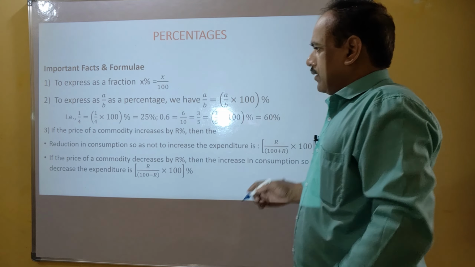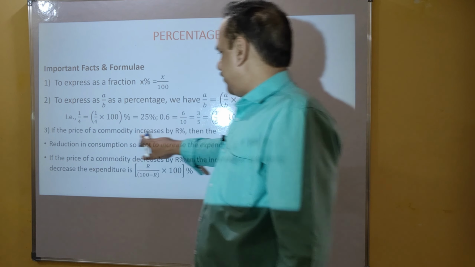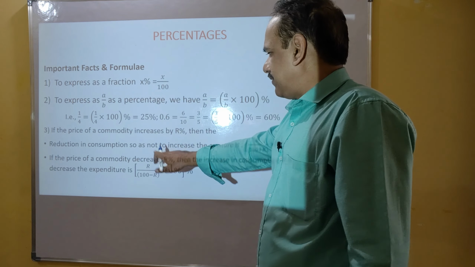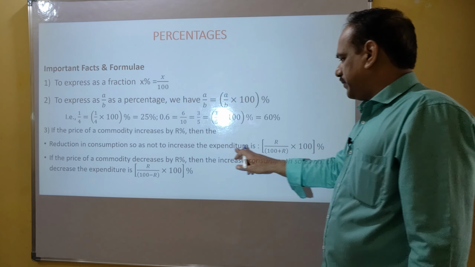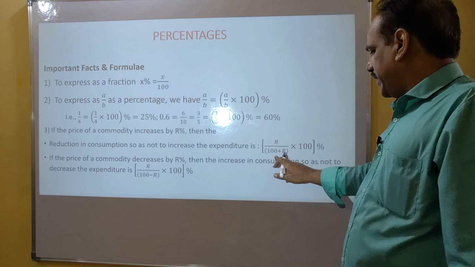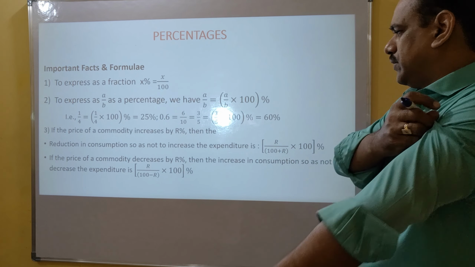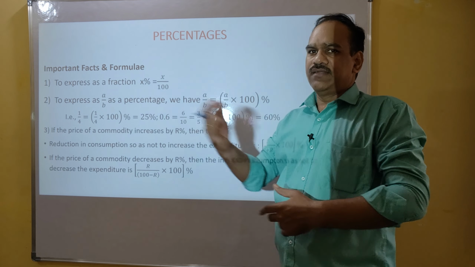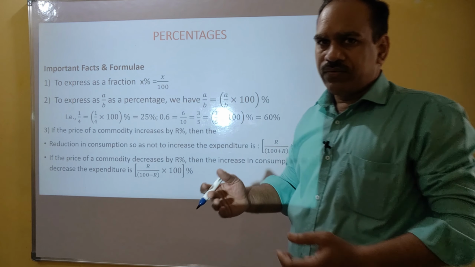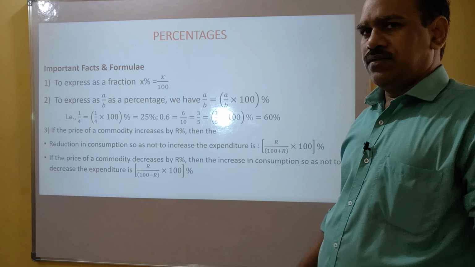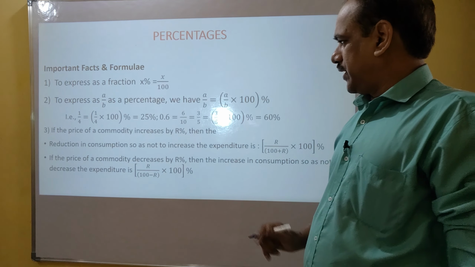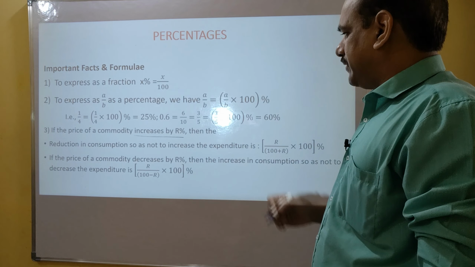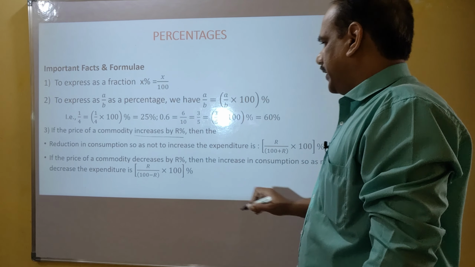Now, if the price of a commodity increases by R%, then the reduction in consumption so as to maintain the expenditure is R by 100 plus R into 100. If the price of the commodity increases, we have to reduce our consumption so as to maintain the same budget.